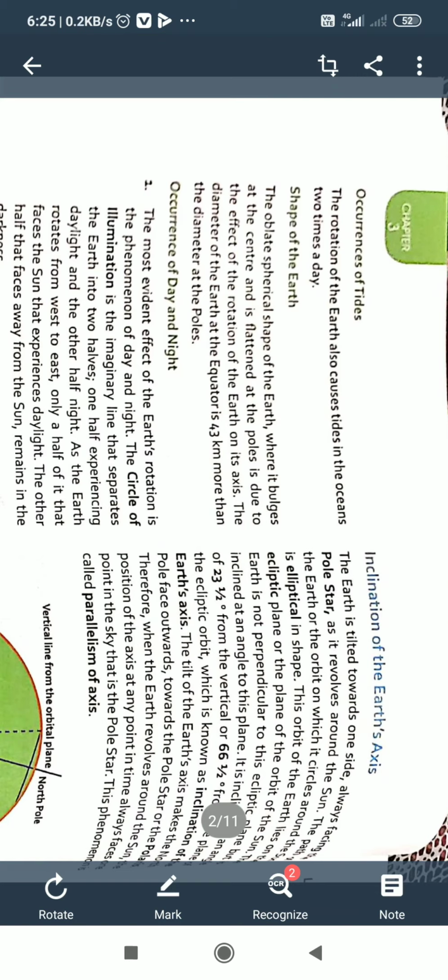The earth is bulged at the equator and slightly flattened at the two poles. Rotation causes centrifugal force that causes a slight bulge at the equator.